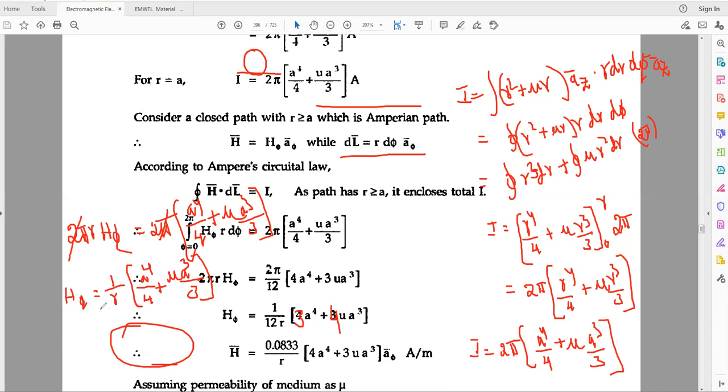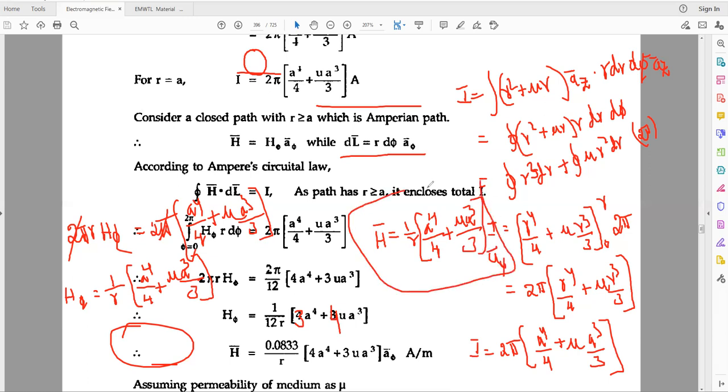So H bar is equal to the simplified function, or we can write H bar as H phi into a_phi bar. What is H phi? 1 by r into, directly writing it without taking the LCM, mu a cubed by 3 into a_phi bar. H bar is in ampere per meter.